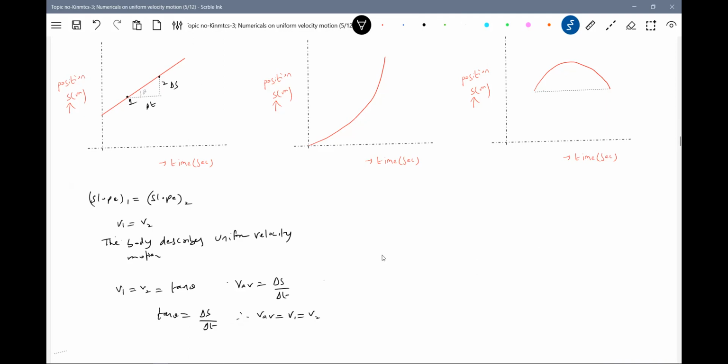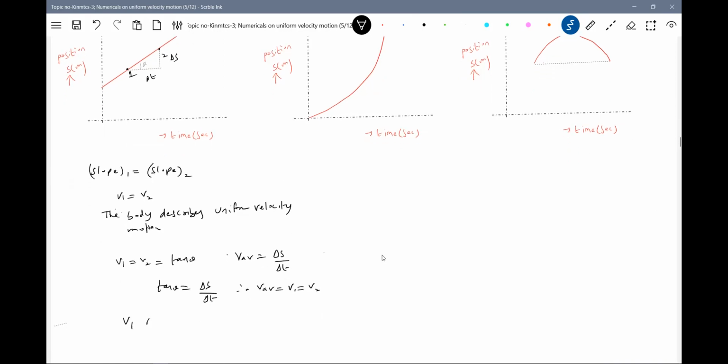So in uniform velocity motion, what happens to average velocity? Here average velocity is equal to instantaneous velocity. What are V1, V2? V1, V2 are instantaneous velocities. And what is V average?